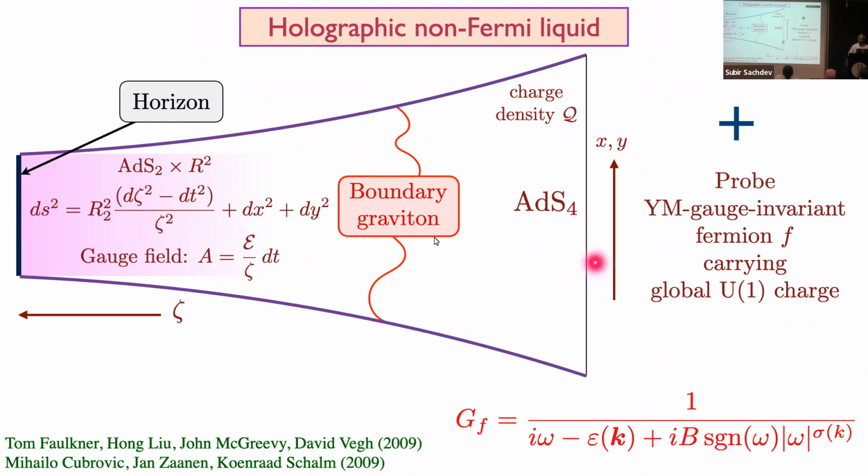When you turn on a chemical potential, you get a charged black hole, a Reissner-Nordstrom black hole, which in the low energy limit is AdS2 cross R2. And so the very low energy excitations here are presumably really important for the properties of this system, which at least perturbatively has a Fermi surface.